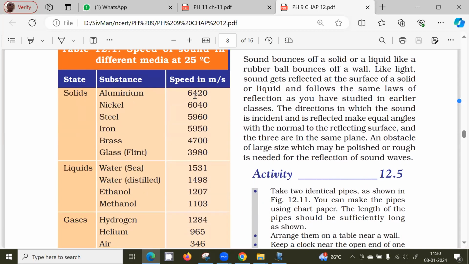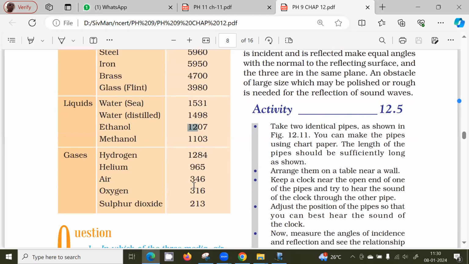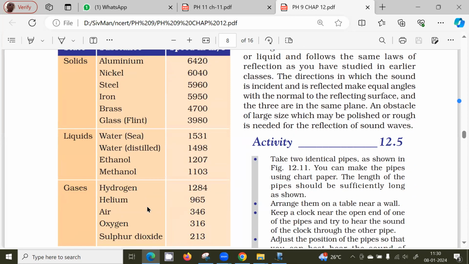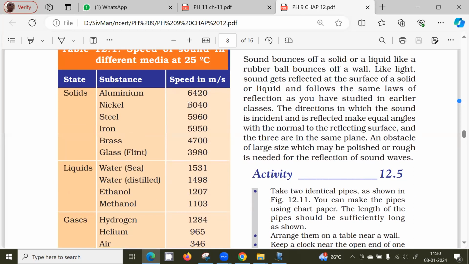For solid, it's around 6,000 or 4,000 meters per second. For liquid, the speed is dropping down, it's less, and for gas it's still less, around 346. One way to understand this is that gas is like a cushion, so the vibration will not get transferred quickly. It will get slowed down. But solids are rigid, so once you create the sound, it just travels quickly.